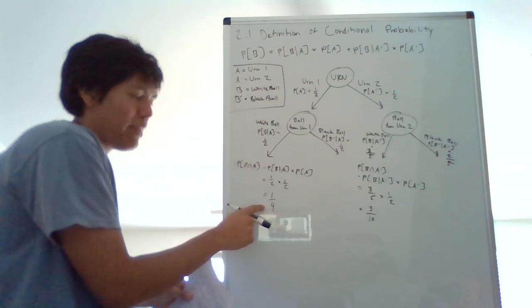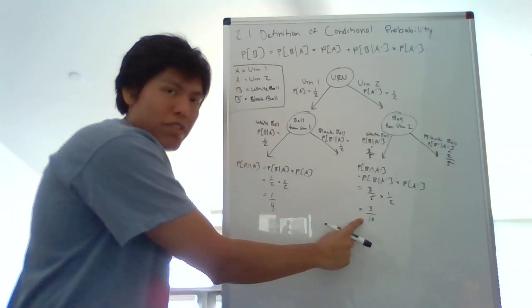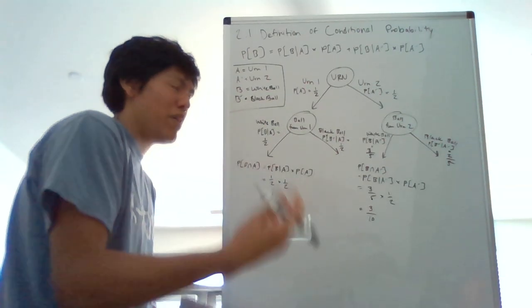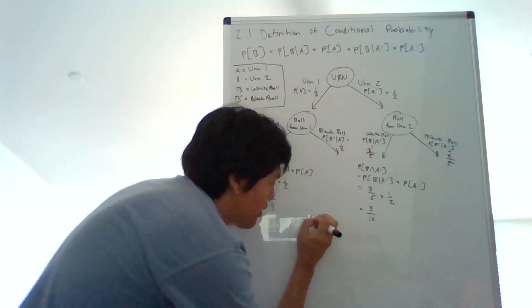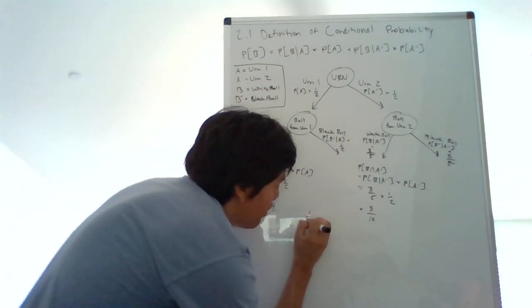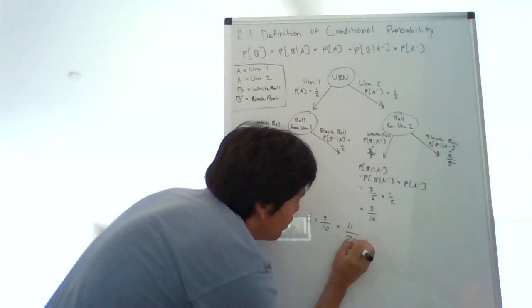Because, again, this one comes from us choosing a white ball from urn 1. This one comes from us choosing a white ball from urn 2. So what's the total probability that we picked up a white ball at all? It's 1/4 plus 3/10, which is 11/20.